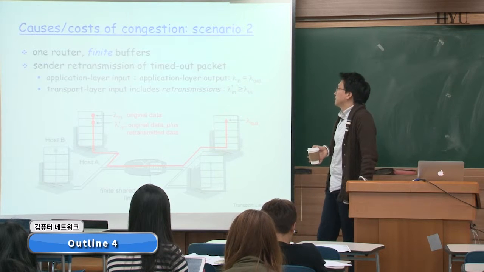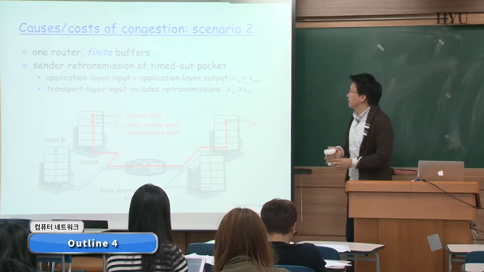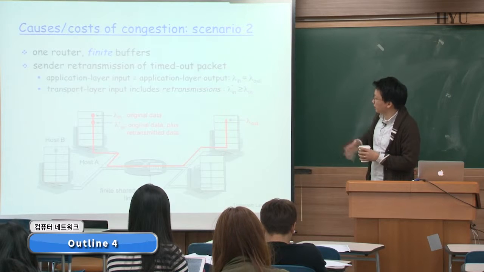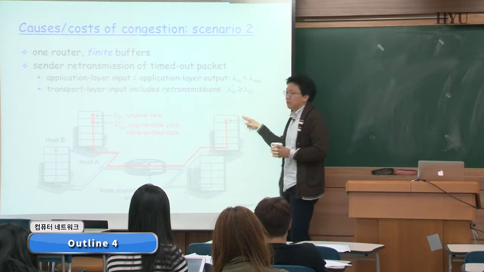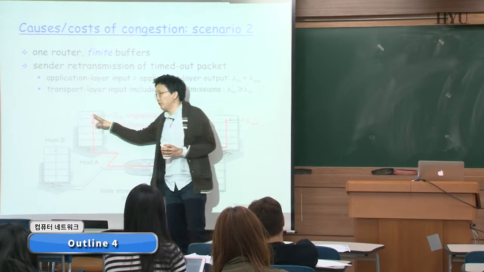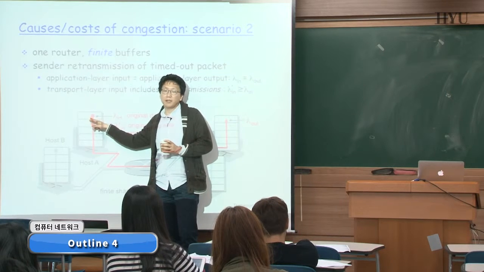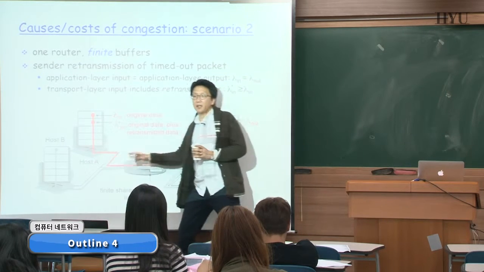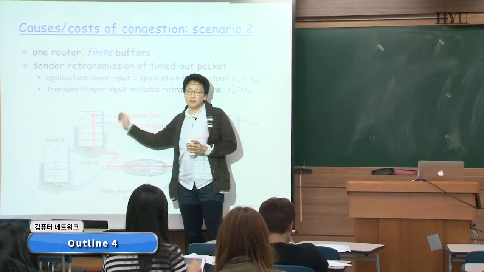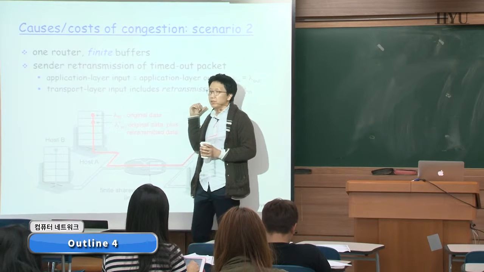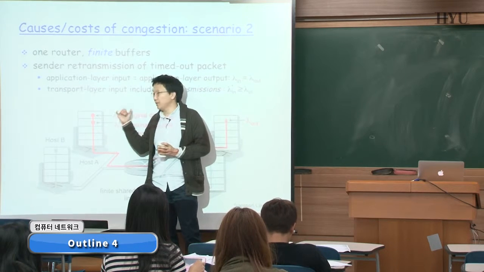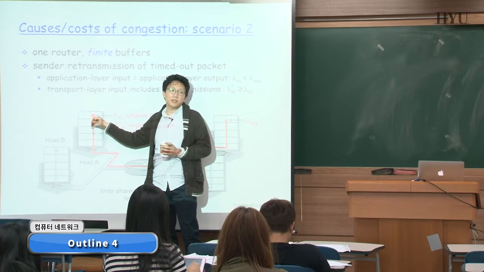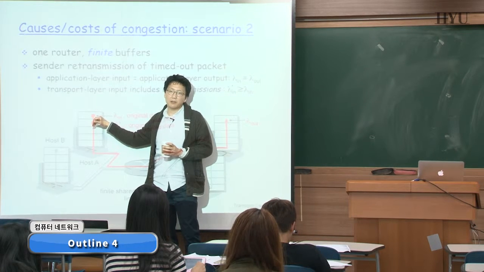Application layer inputs and application layer outputs are equal for both sides. So from the application layer point of view, what I'm sending, the message size, is the same as what the receiver receives at the application layer.